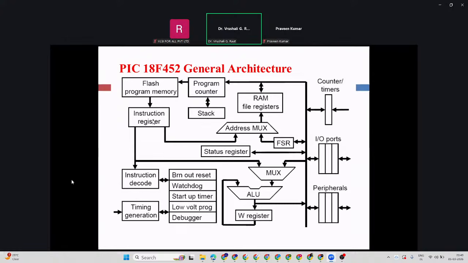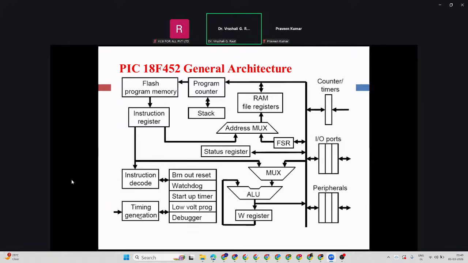One by one the instruction will go and get decoded. The data part of the instruction will be available to the MUX so that it will operate. Instruction decoding will happen, and depending on that, burnout, reset, watchdog, startup timer, low voltage protection, and debugger, if they are included in the program, will act.